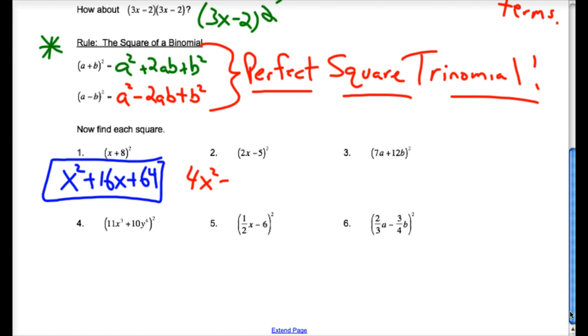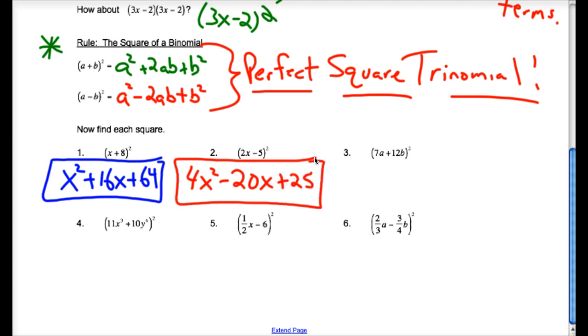Double it: minus 20x. Square the last piece: plus 25. And what's that thing called in the box? It is a perfect square trinomial.